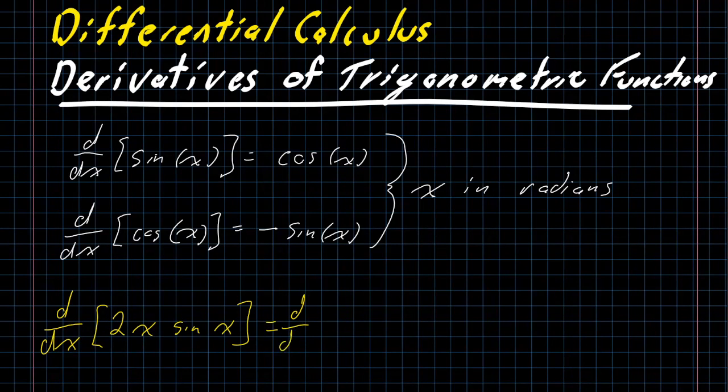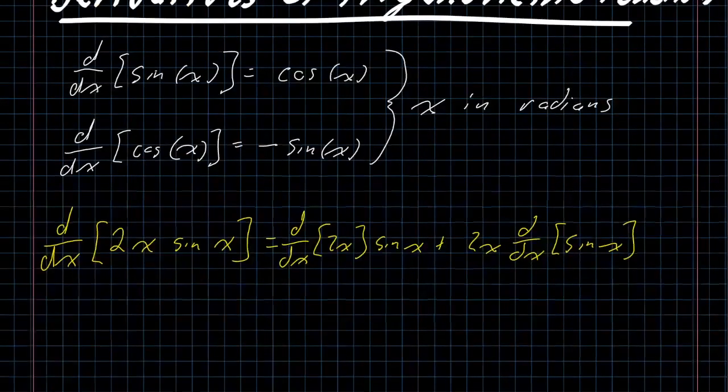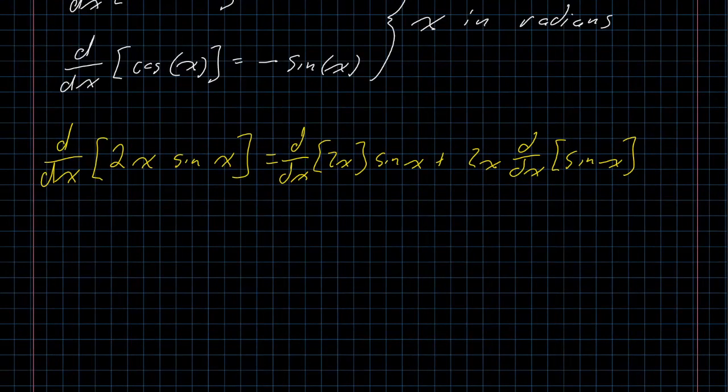The derivative of 2x times sine x plus 2x times the derivative of sine x. The derivative of 2x is just 2, and the derivative of sine x is cosine x. So the derivative of 2x sine x is 2 sine x plus 2x cosine x.